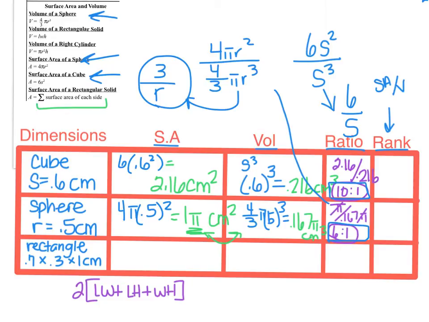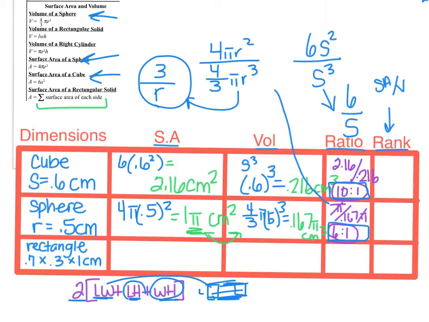In other words, 2 sides of this rectangle are going to be length times the width, and then 2 sides of the rectangle are going to have this length times height, and then the final 2 sides are going to be the width times the height. So since there's 2 sides that have each of these things, we multiply it by 2. But I like it spelled out this way better.